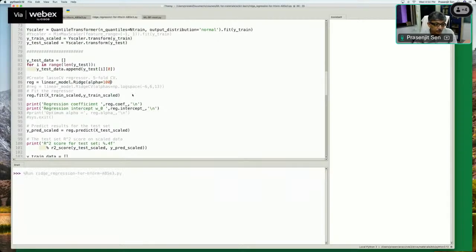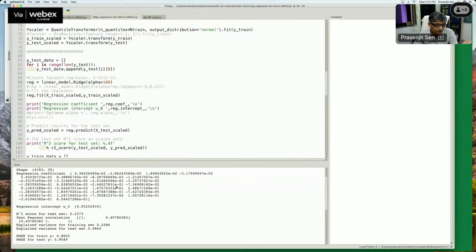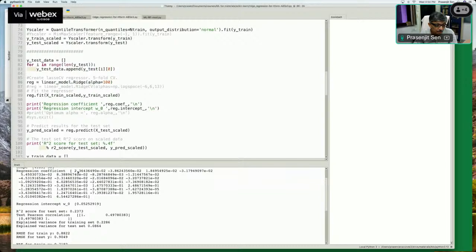I can do it and show it to you. Let's look at the coefficients. None of them is reported as exactly 0.